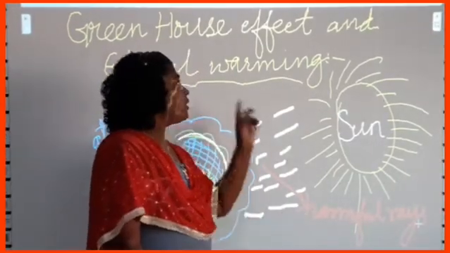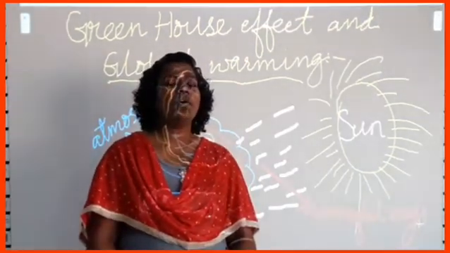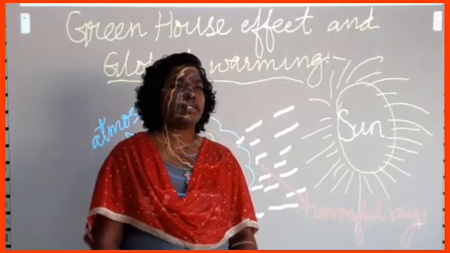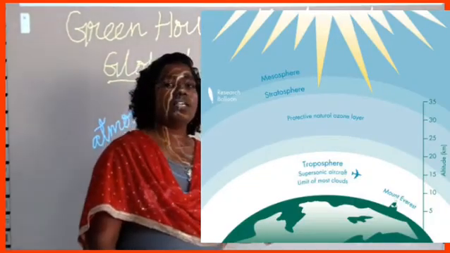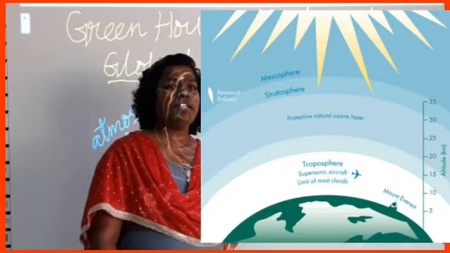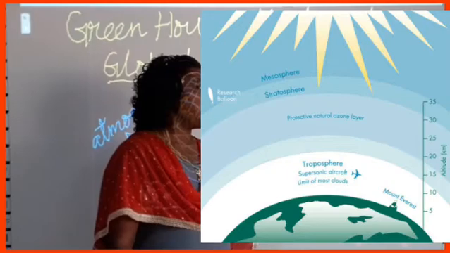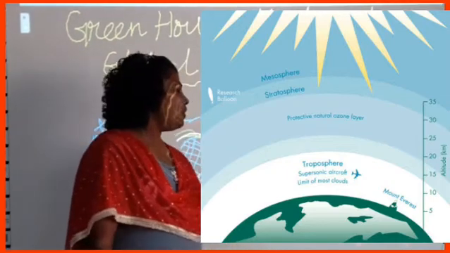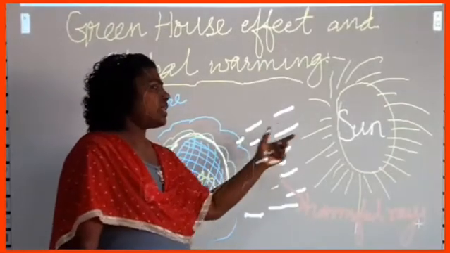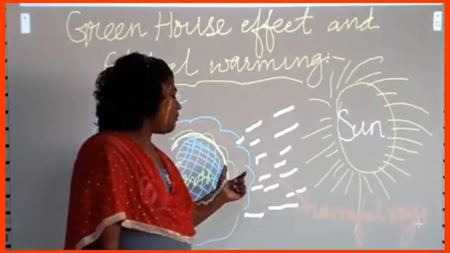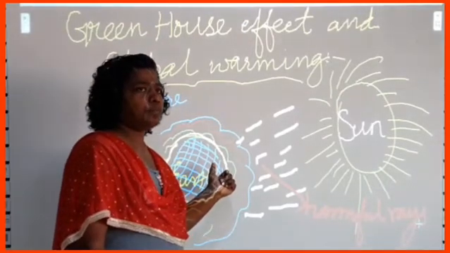First of all, we are going to learn about the greenhouse effect. What is called the greenhouse effect? We are receiving sunlight, the light from the sun. The sun rays that fall on the surface of the earth heat the earth's surface.